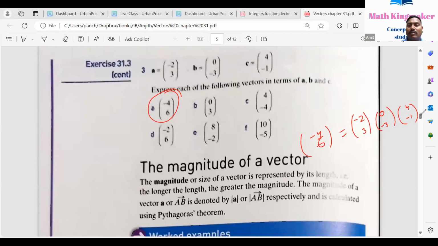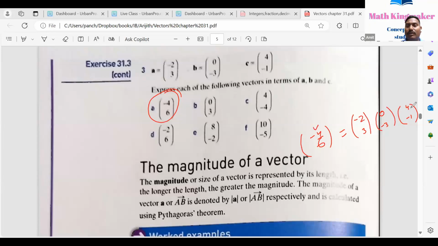So what can you add or subtract here? It is -2, 4. So you have to keep it -4. So how will it be -4? If you double it, it becomes -4. And if you double it, it becomes 8.